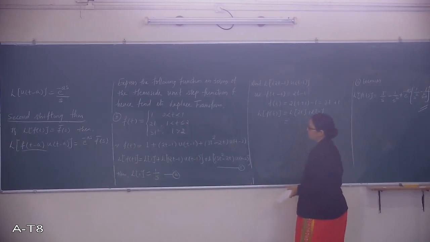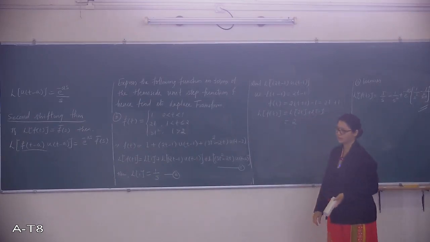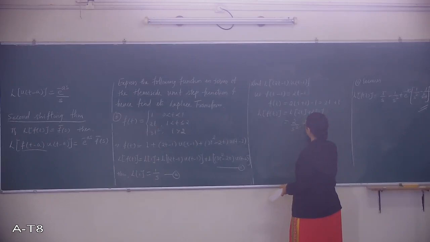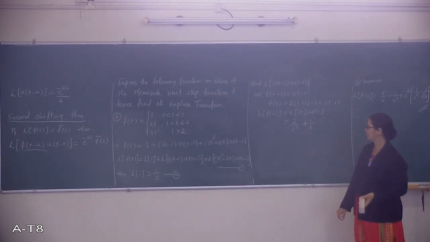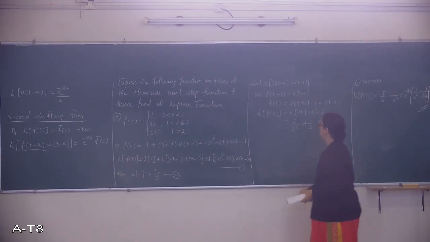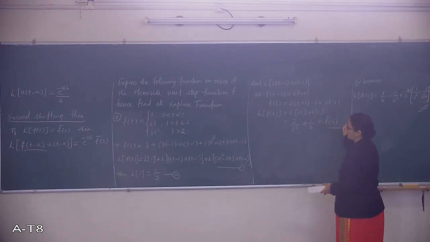The Laplace transform of 2t is 2 upon s square, and here it is plus 1 upon s. This is a function of s, it is f bar of s.